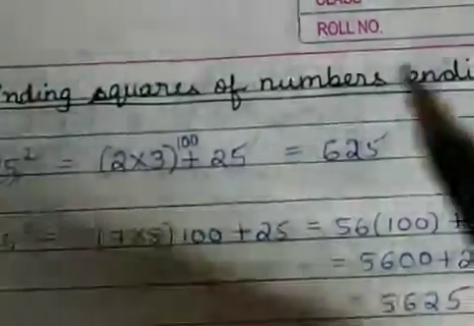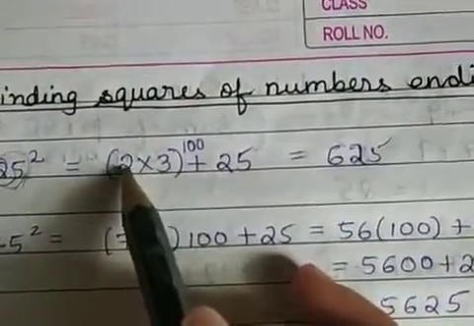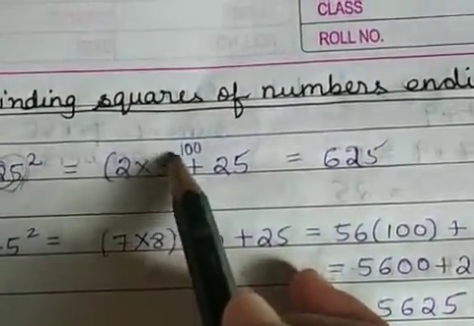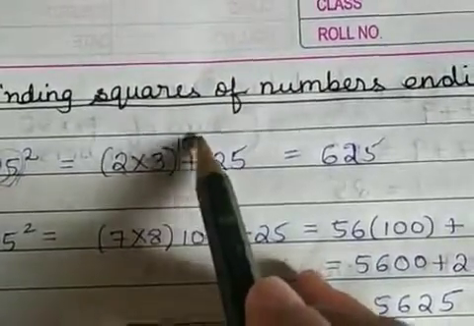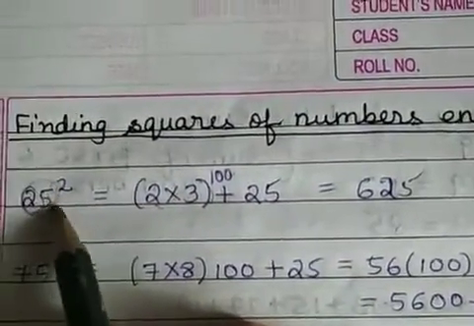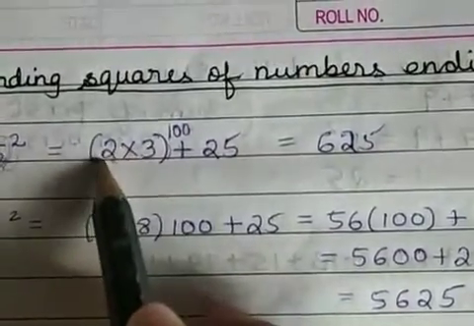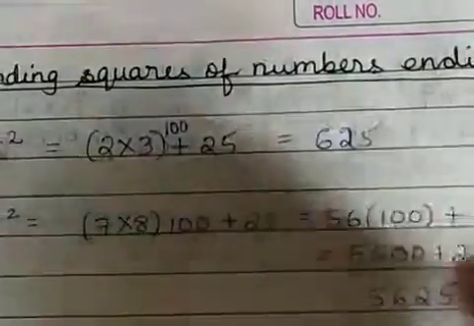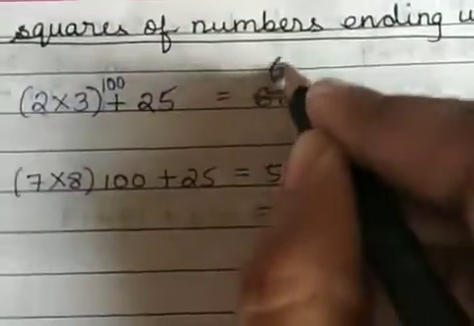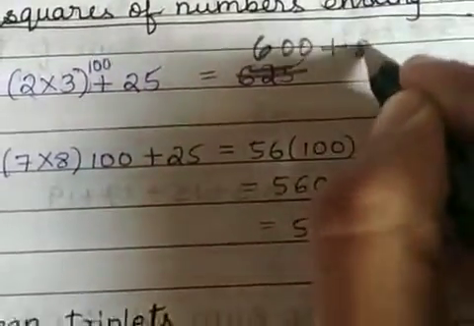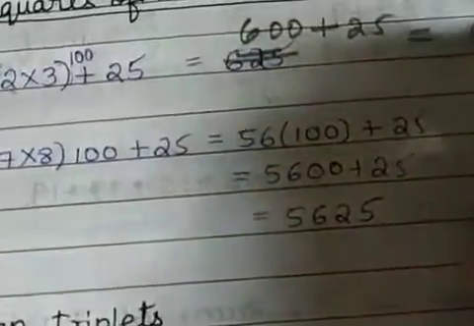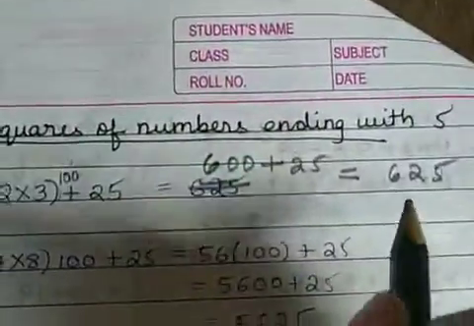The next number after 2 is 3. So you multiply 2 into 3 and then multiply by 100, plus 5 square, which is 25. So 3 2s are 6, 6 into 100 is 600. So you get 600 plus 25, which is equal to 625.